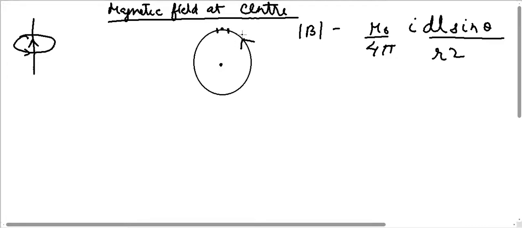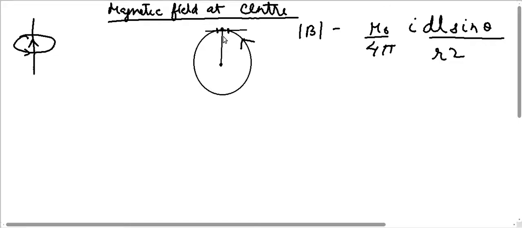If I want to find the magnetic field at the center because of this small element, then the r vector will be just the line joining the dl element and the center. And if I draw a tangent to this, we know that tangents are always perpendicular to the radius.